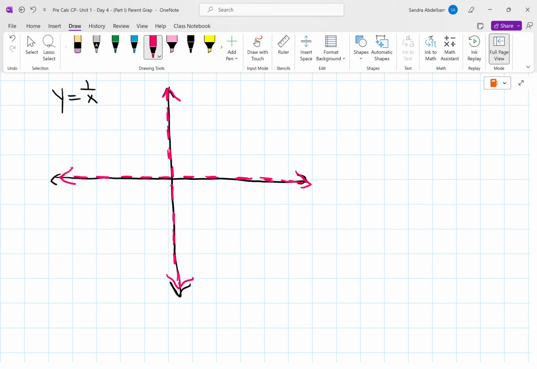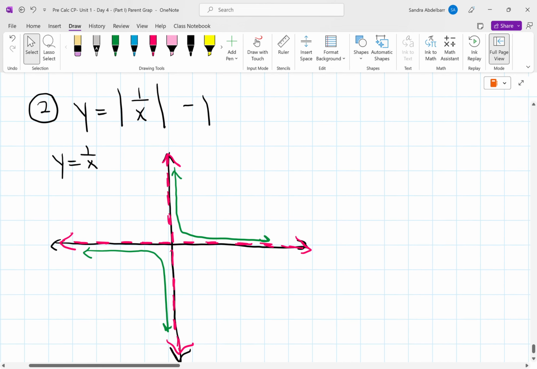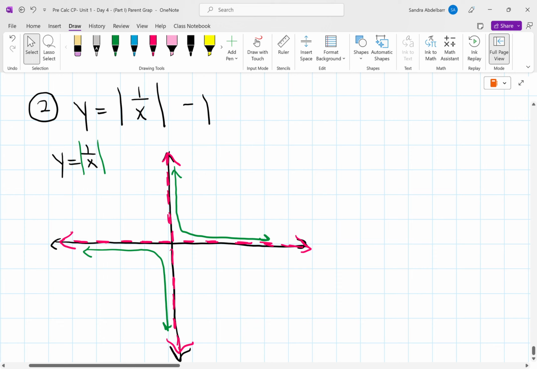Because a is positive, which quadrants are we in? Are we in 2 and 4 or 1 and 3? 1 and 3, perfect. So this is looking something like that. Do we agree? This is 1 over x.